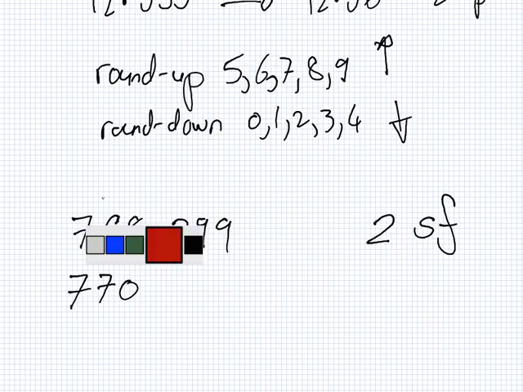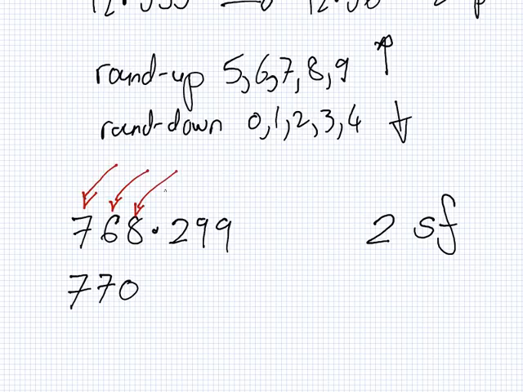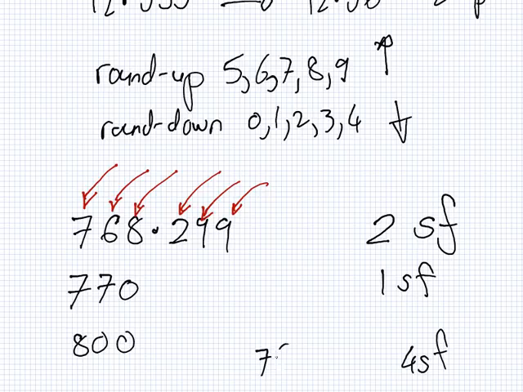So for example, here this is the first significant figure, second, third, fourth, fifth, and sixth. So if I said 1 significant figure, what would that be? 800. Yeah, and if I said 4 significant figures, that would be 468.3. 1, 2, 3, 4. Yeah.